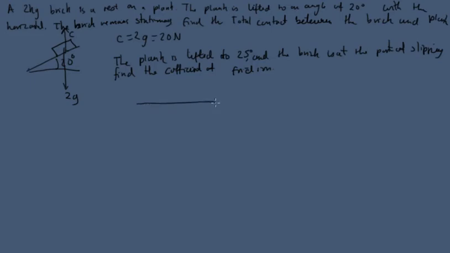So again, we have 25 degrees, we have our brick, 2g, and C is still up here, and the angle that C makes to the contact force will be lambda, and lambda must be the same as the angle of the plank because it's at slipping point, so lambda is 25 degrees.